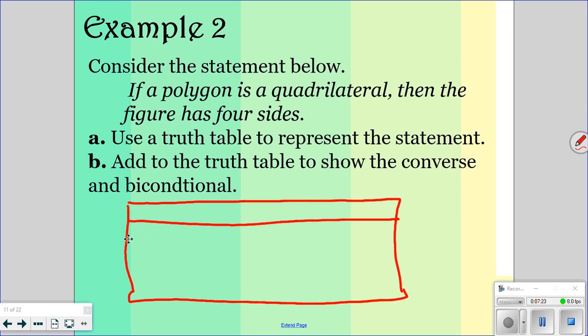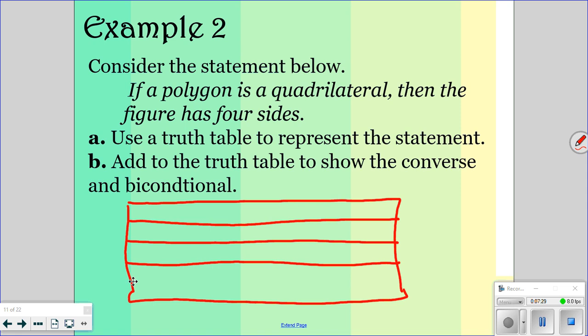You're also going to have 5 rows. The first one is going to be for your hypothesis, which is your P. Your second one is going to be for your conclusion, which is your Q. And we're going to start with those to start with.